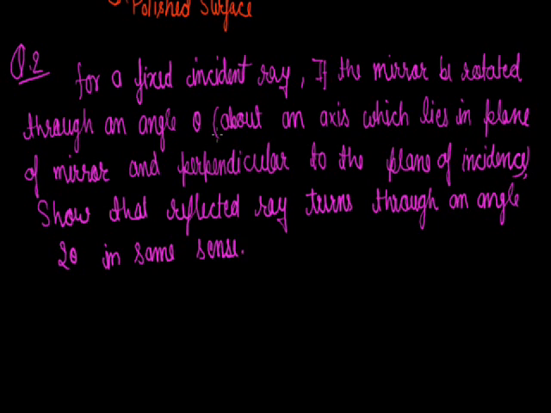Means what is asked in the question? If the mirror is rotated through an angle theta, then the reflected ray turns through an angle 2 theta in the same sense. We have to prove it. Now, suppose a plane mirror M1 is as shown in the figure, and a ray is incident on the surface of the plane mirror.